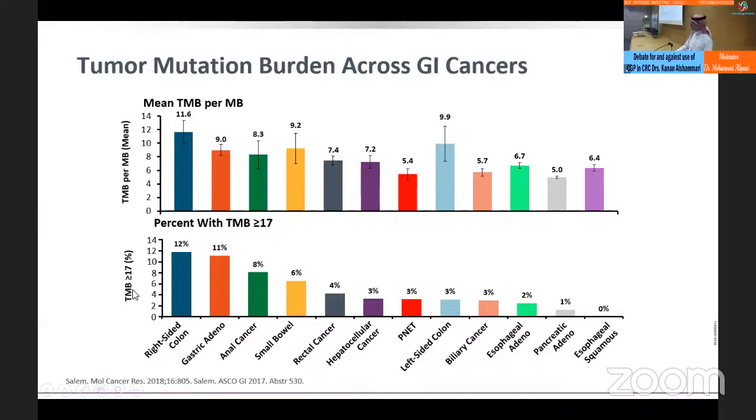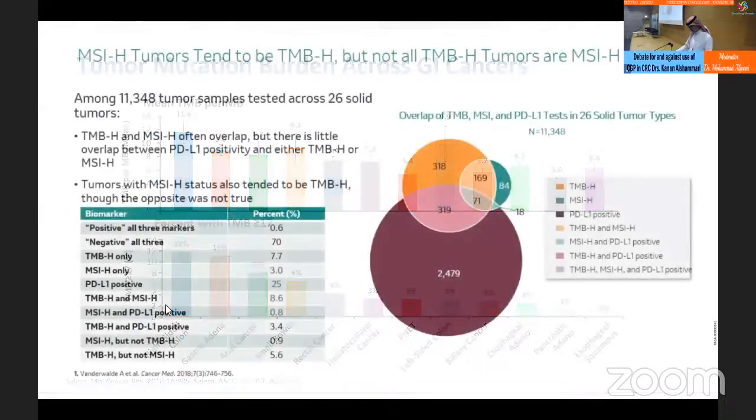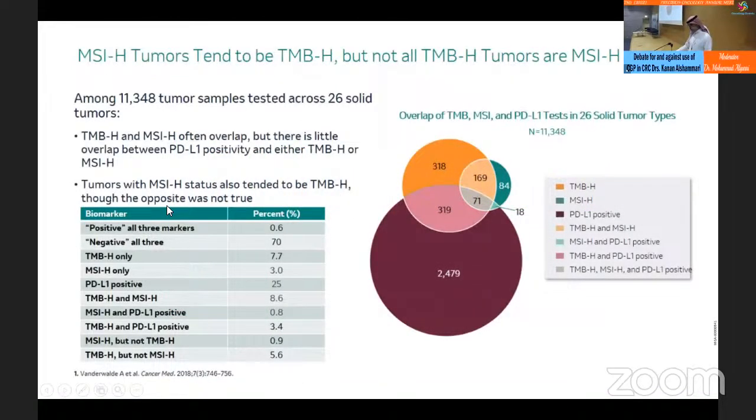This is quite exciting because we do have pembrolizumab being approved for TMB more than 10 in pan-cancer or pan-tumors. So MSI high tumors most likely are TMB high, but not all TMB high tumors are MSI high. So are we missing certain patients who may have tumor mutational burden of more than 10 if we don't test for TMB specifically?